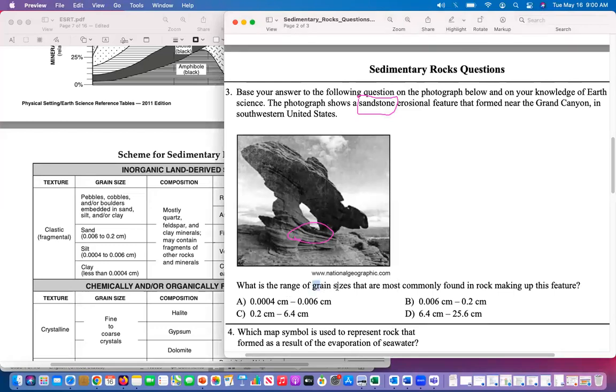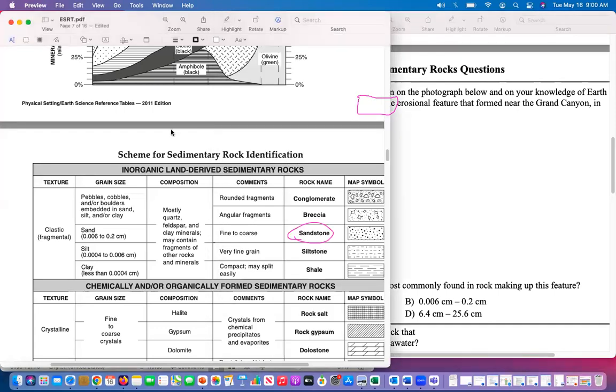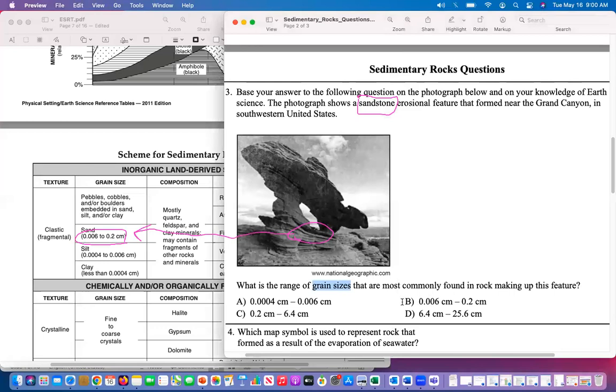So I'm going to look at my reference tables. I know I'm talking about sandstone, and when I look at the range size, take what I see: 0.006 to 0.2. And I just have to match it. Which option has that? Choice B, 0.006 to 0.2. So it's important to make sure when you have a reading, they give you clues as to what type of rock it is.